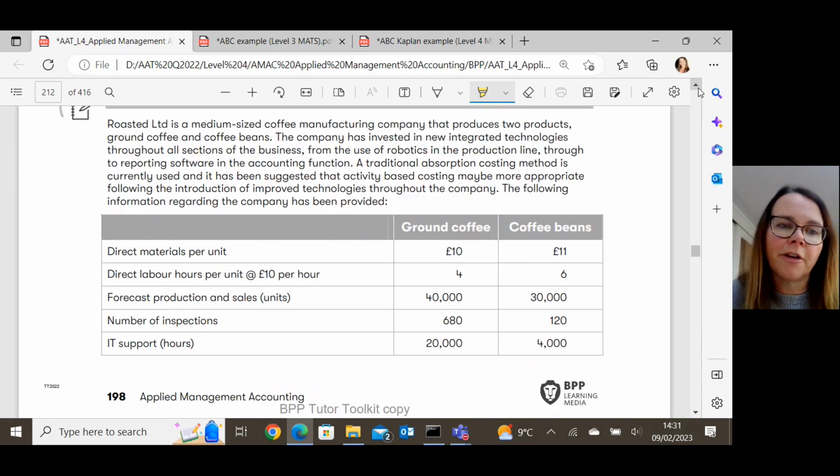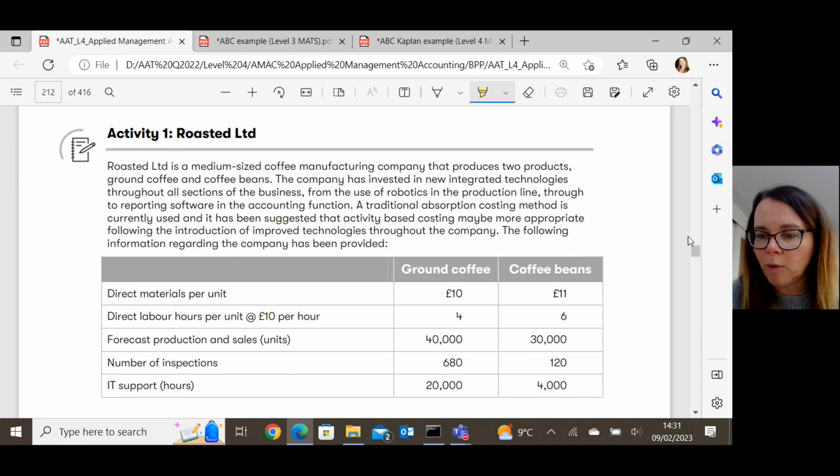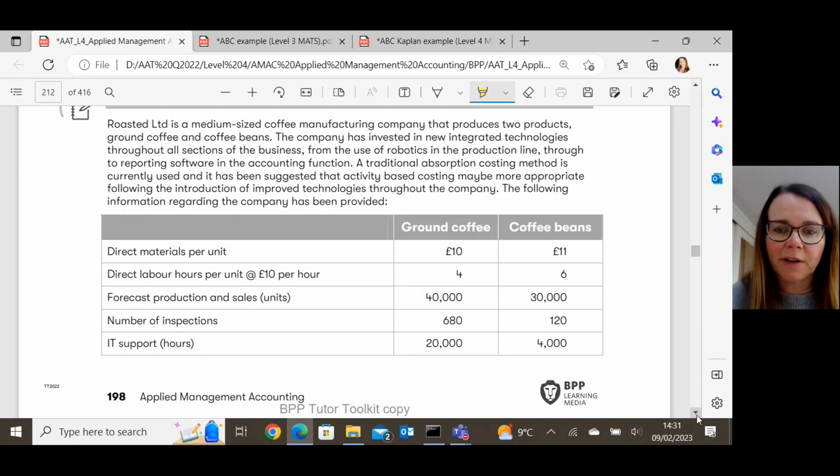Right, so again, I'm going to go through this, but you don't have to watch if you've got the gist of it, but just in case some people need a bit more help still. So Roasted Limited, a medium-sized coffee manufacturing company, produces two products, ground coffee and coffee beans. The company has invested in new integrated technologies throughout all sections of the business, from the use of robotics in the production line through to reporting software in the accounting function.